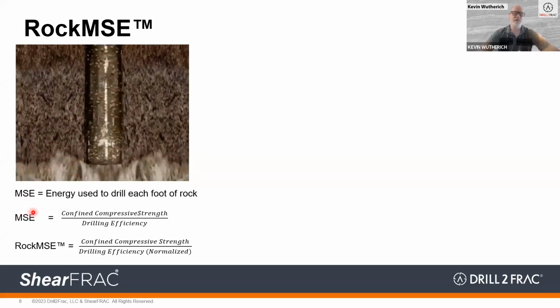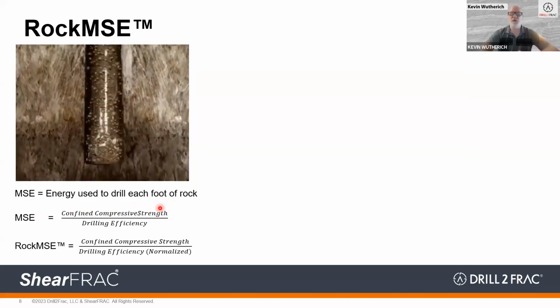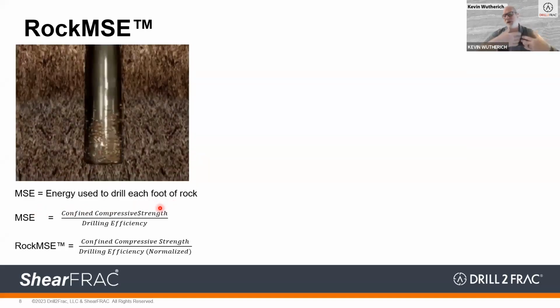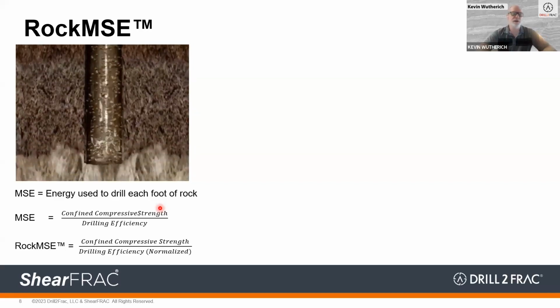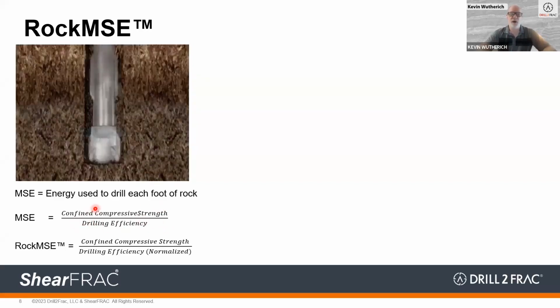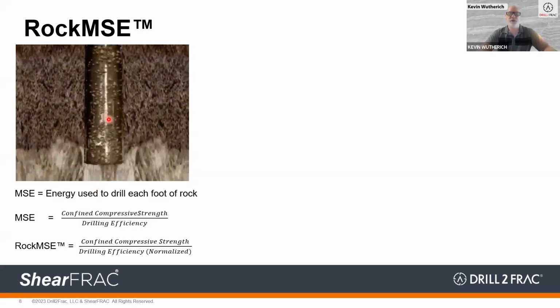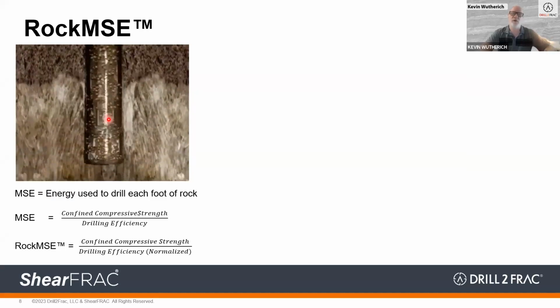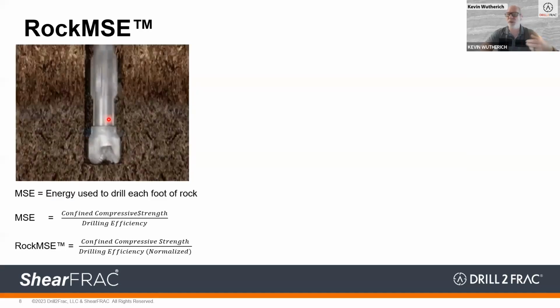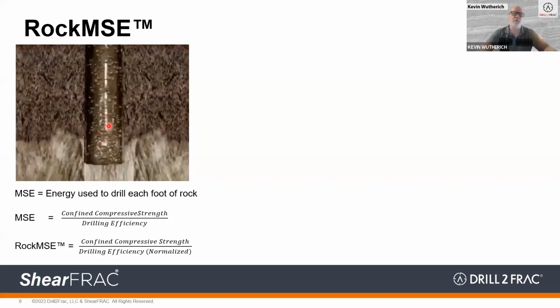And the mechanical specific energy is really made up of two different things. It's the strength of the rock. Obviously, the stronger the rock is, the more energy it takes to drill through it. But one of the driving factors is actually the drilling efficiency. That's why drilling engineers have been using this data to figure out when there's bit wear, or if there's something else happening downhole, maybe with the downhole hydraulics, that could be slowing the drilling process.